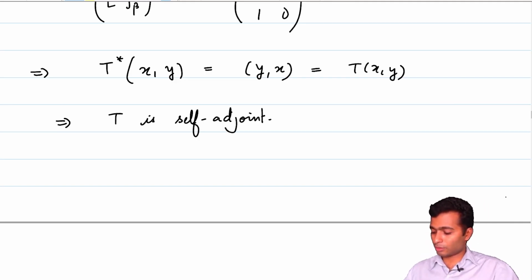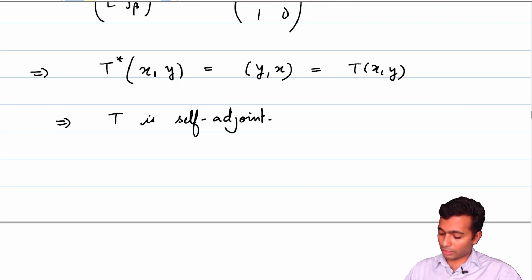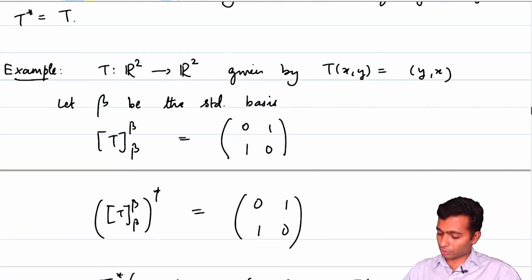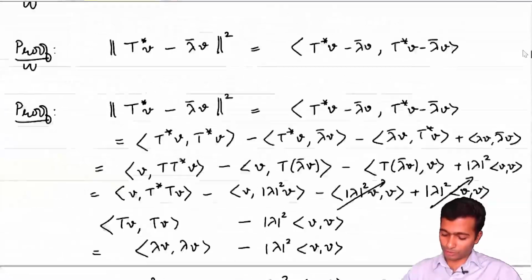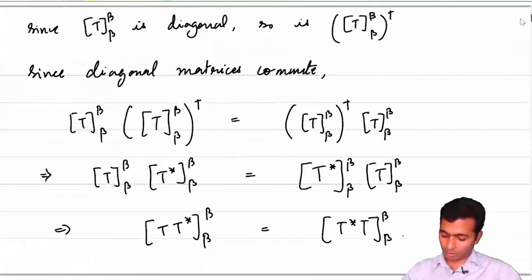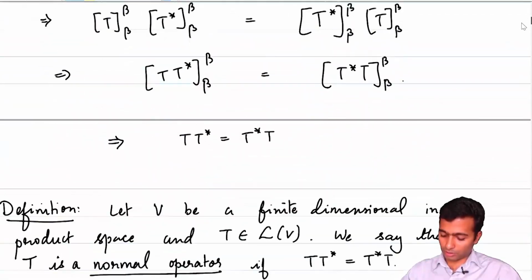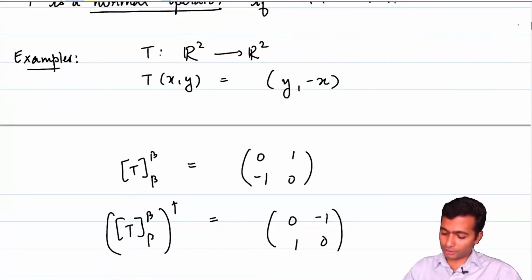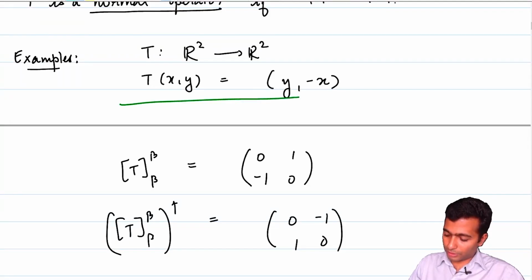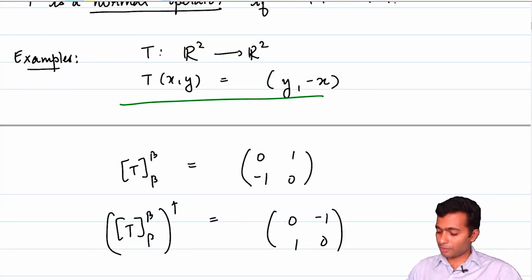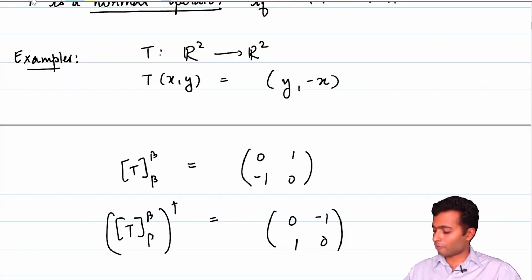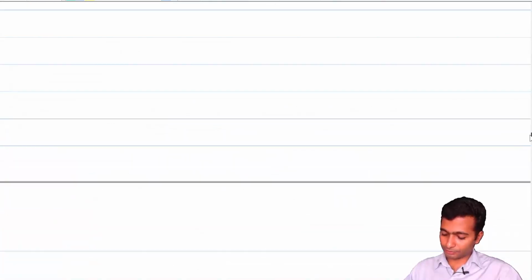Okay, now let's look at one more example, rather a non-example. In fact, let's just scroll up, go to the example of normal linear operators and focus on this particular operator, T of x y being equal to y comma minus x.